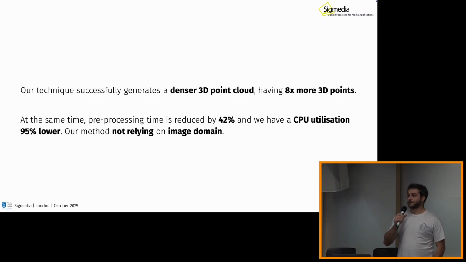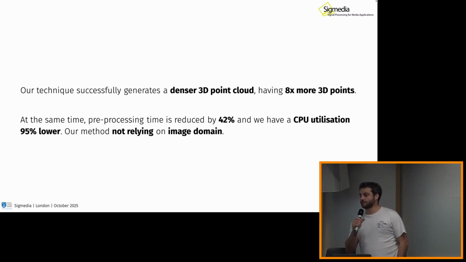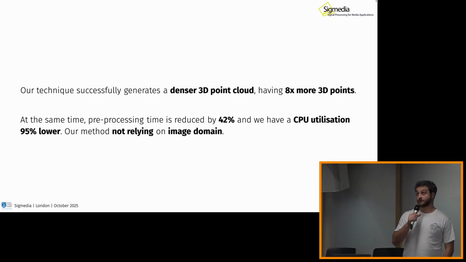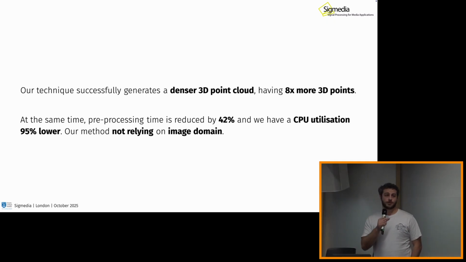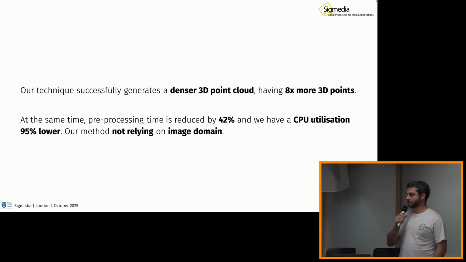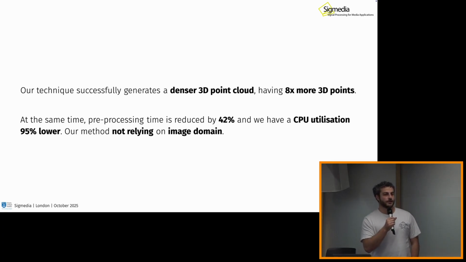Pre-processing time is reduced by 42% and CPU utilization by 95%. So basically, SIFT plus exhaustive matching uses 95% of CPU, while we only use 4%. For deep learning techniques, it's even worse. They use like 98% of GPU, and the time taken is crazy.